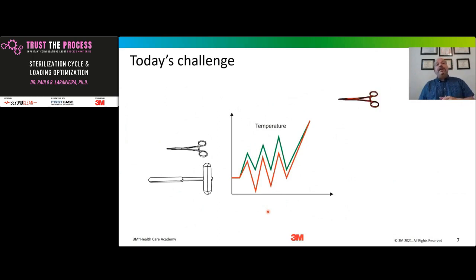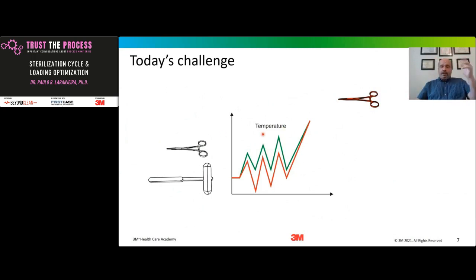Then I'm going to inject again another pulse of steam inside of the chamber, warming up that device. So now the temperature difference is not that high. It's getting closer and closer to the sterilization temperature. But I'm still going to have some condensate. So I'll do another vacuum to evaporate the condensate, inject again, and get closer on the third one.